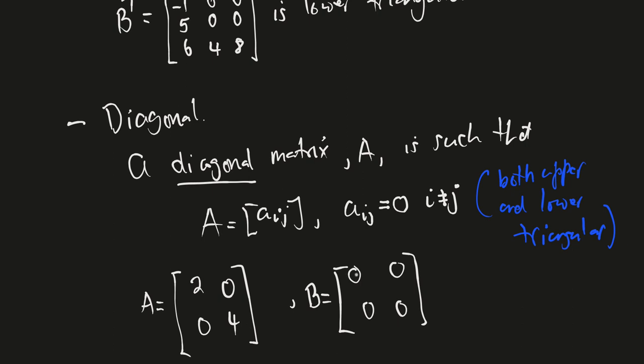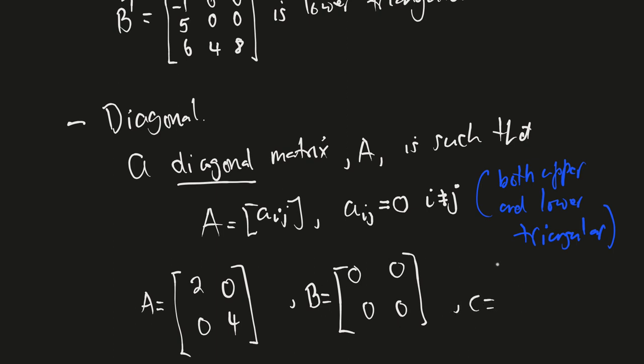It just so happens that not only do we have zeros above and below, we have them on the diagonal as well. Remember, these definitions are not saying that these are the only entries that can be 0. What it's saying is that these are the entries that must be 0. The other ones could be 0, or they could be non-zero, right?